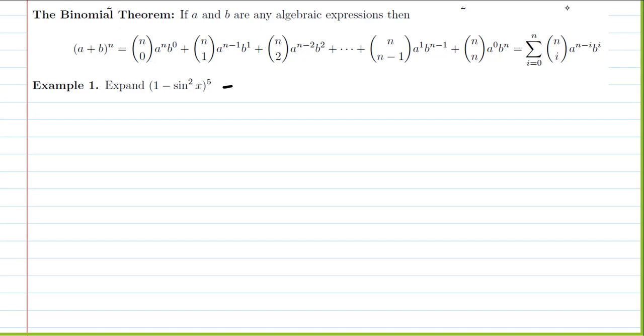This is equal to the sum as i goes from 0 to 5 of 5 choose i, and then we're going to have our a in our formula. It's going to be 1, and our b is going to be negative sine squared x.